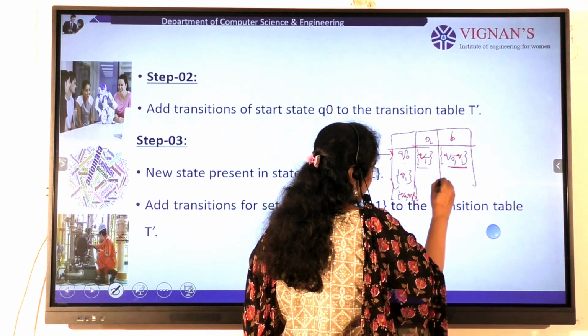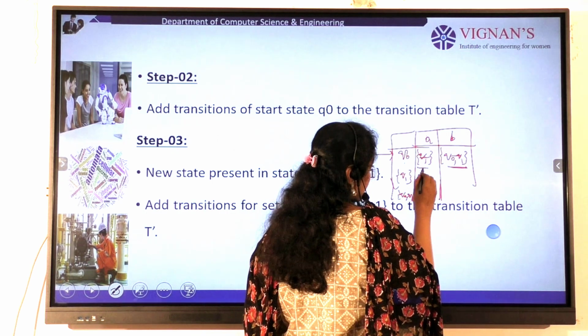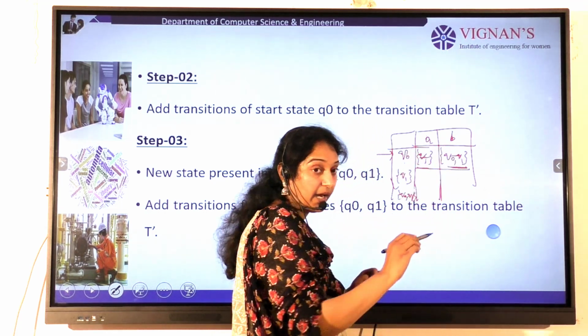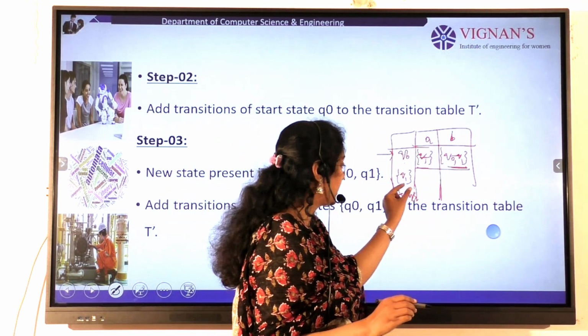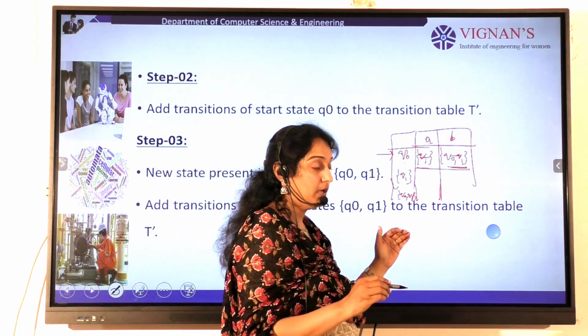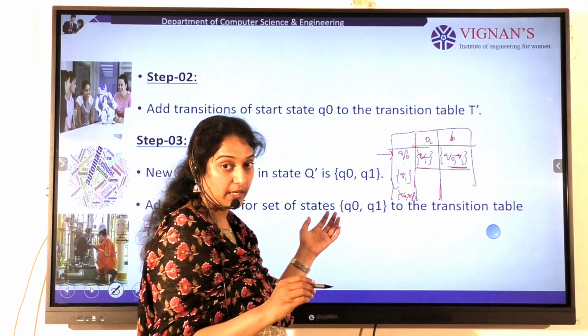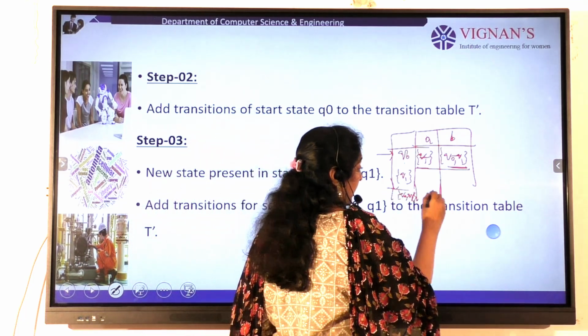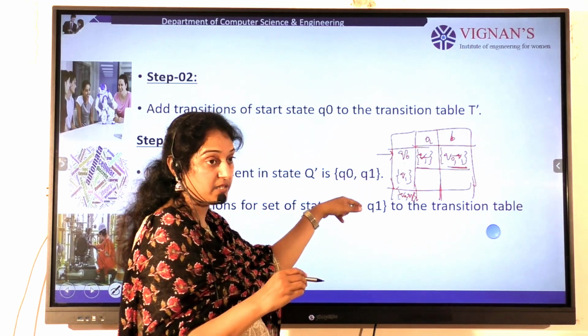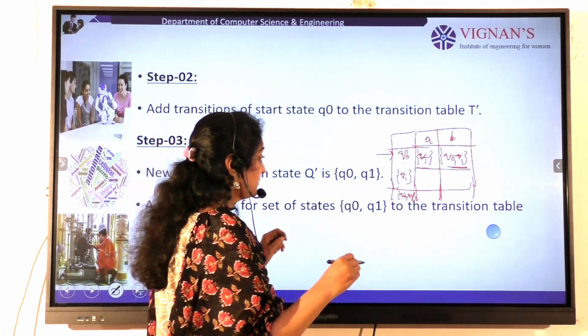In this way, whatever new states appear under the input symbols A and B, for those new states we need to find the transitions in the further steps. This procedure continues until there are no other new states present in the transition table T dash.